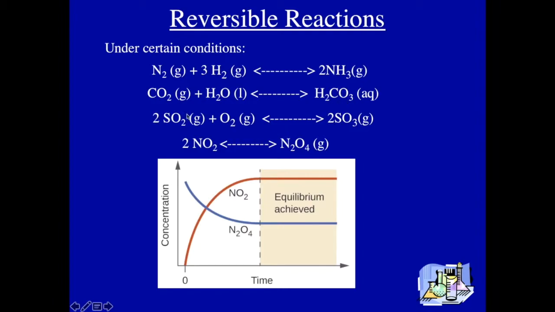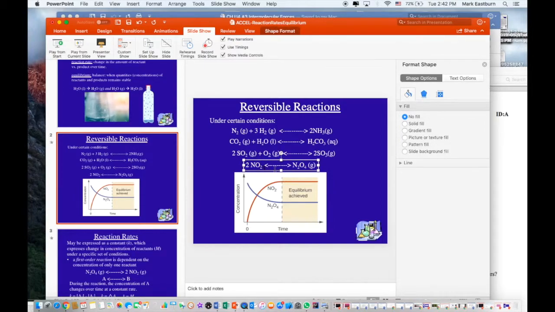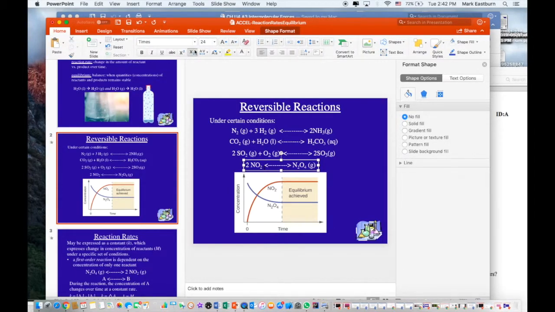Sulfur dioxide and oxygen can make sulfur trioxide. This also is an exothermic reaction. It does produce heat. And then we also have the possibility of what we see here. If I have a container with dinitrogen tetroxide, which is a colorless gas, it could produce, and I better fix this, it could produce nitrogen dioxide, which is also a gas.